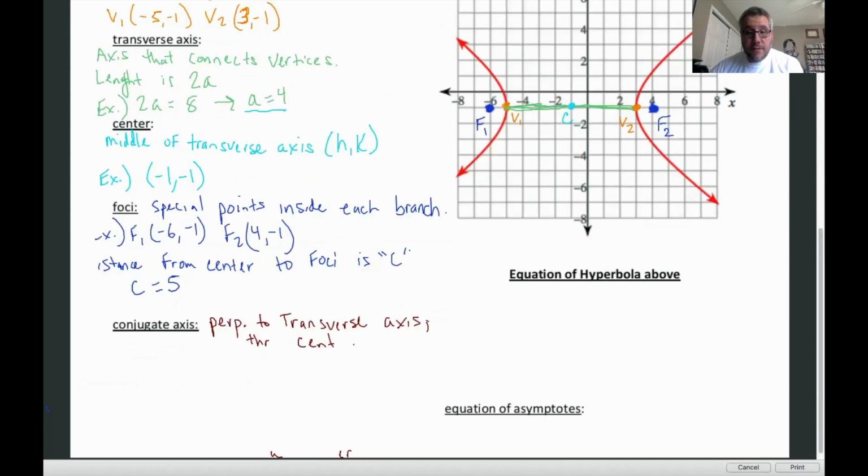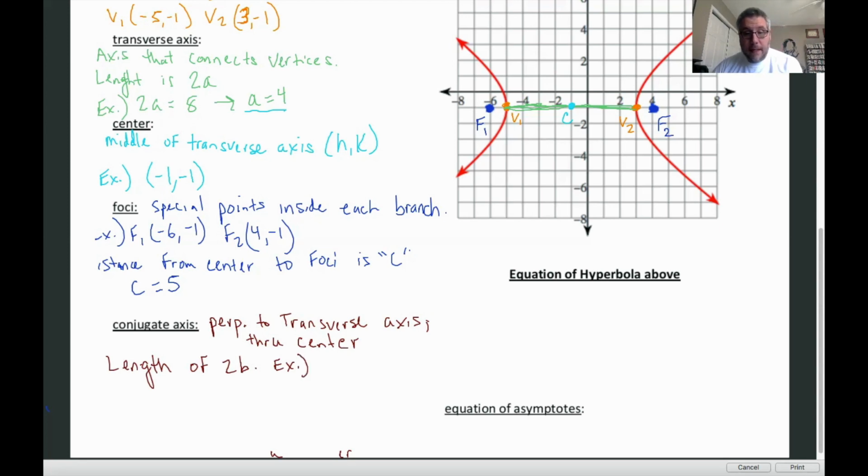Pardon me, I just adjusted my screen a little bit. The conjugate axis is perpendicular to the transverse axis, and it goes through the center. Its length is said to be 2b.